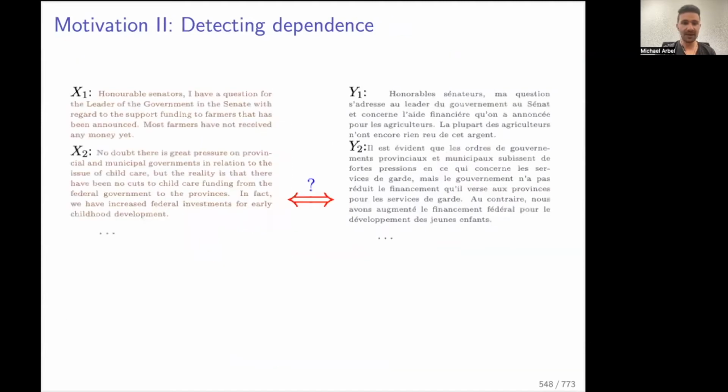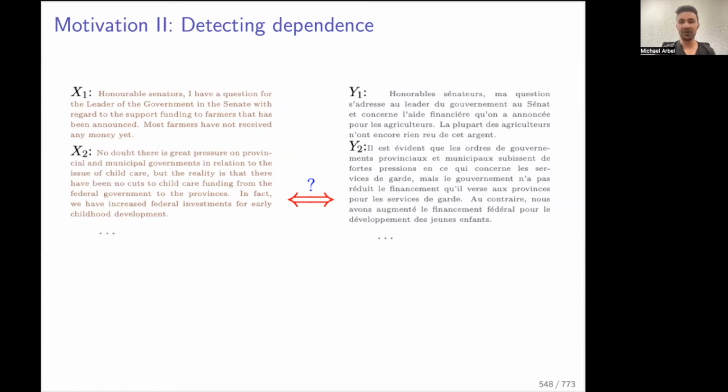Another task would be, for instance, detecting dependence between samples. Let's say you are given pairs of samples x1 and y1, where x1 would be some text in English, and y1 would be its corresponding translation in French. Here, if we know that it's the corresponding translation, we expect there is a strong dependence between both samples.